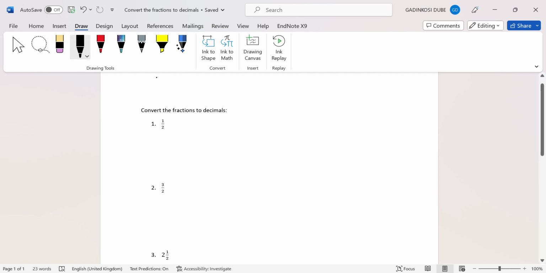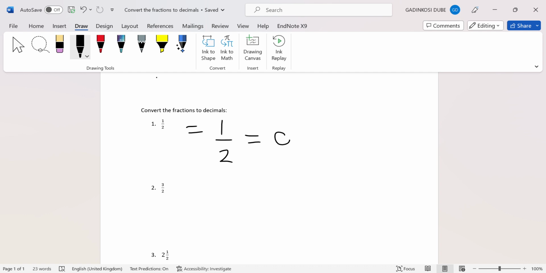So for example, now we've got a half. So we can rewrite this expression. What you do is you say 2, the denominator, and then the numerator. So how many times does 2 go into 1? Because it's 1 divided by 2, how many times does 2 go into 1?